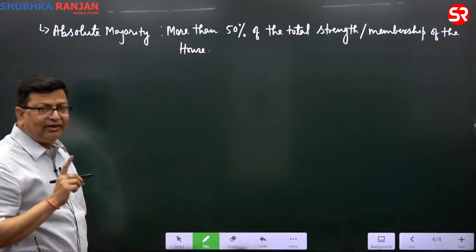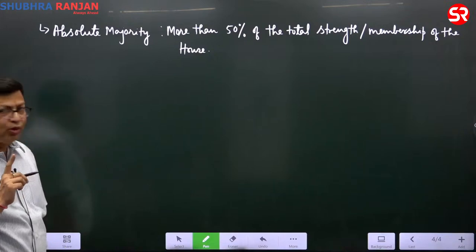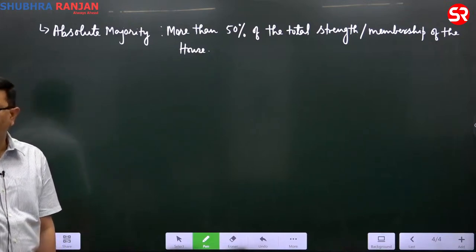It is more than 50% of the total strength or membership of the house.